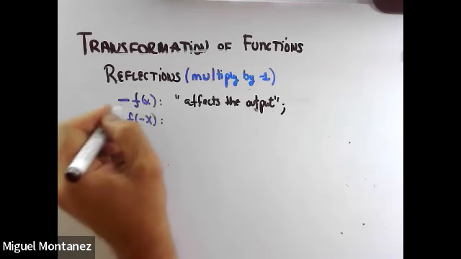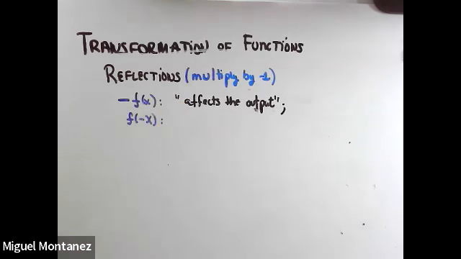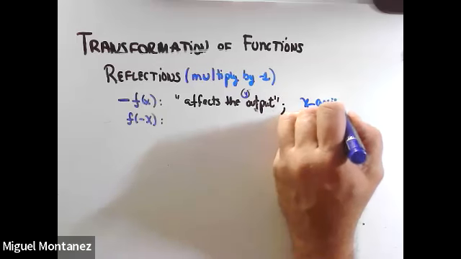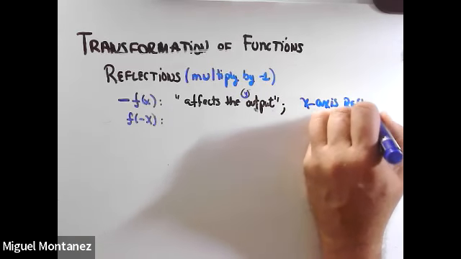The -1 is outside, so it's affecting the output. And of course, we know that the output is Y. If it affects the output, we're going to reflect. This will be an X-axis reflection.